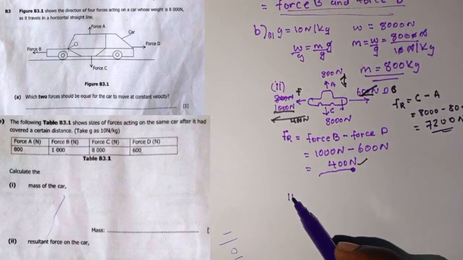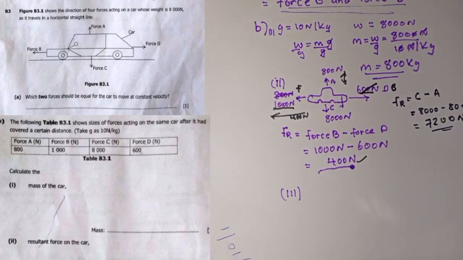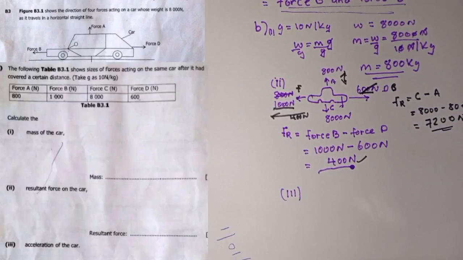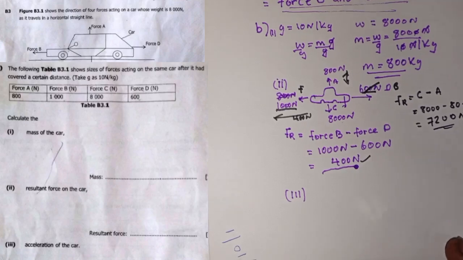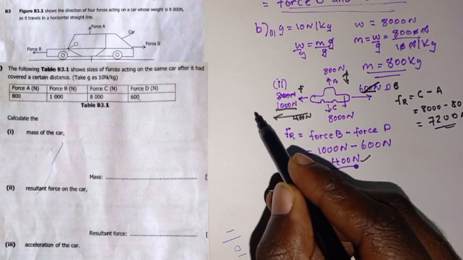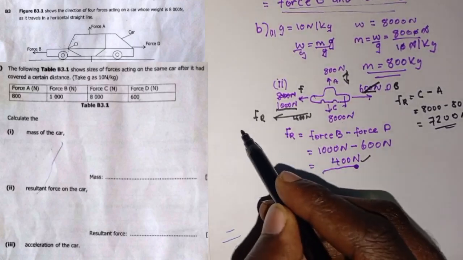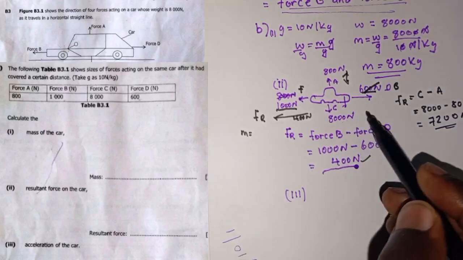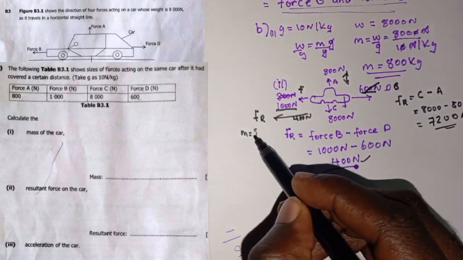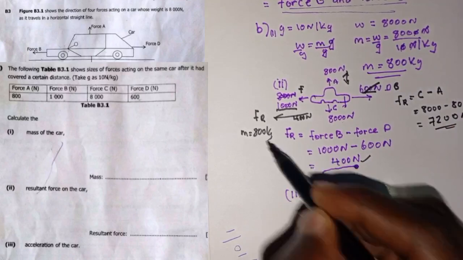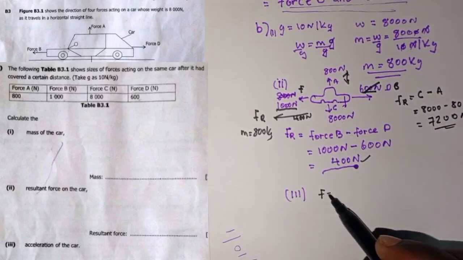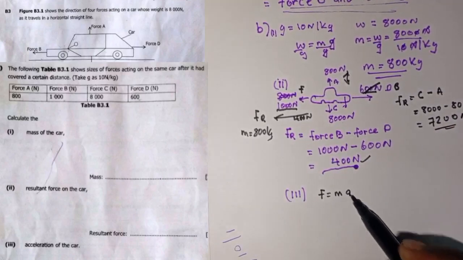So we go to B3. B3 says that we should find the acceleration of the car. We find out that the car will move in this direction with this resultant force. And the car has a mass of what? What did we calculate? The mass is 800. Now we know that force is equal to mass times acceleration.